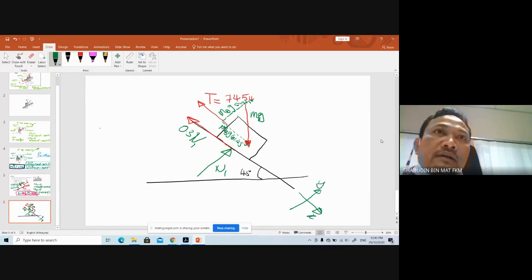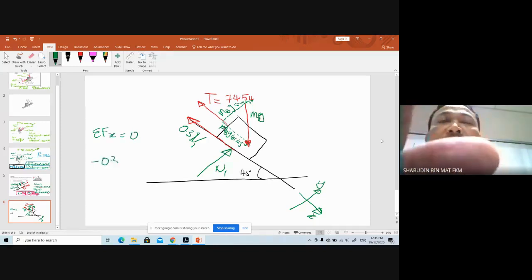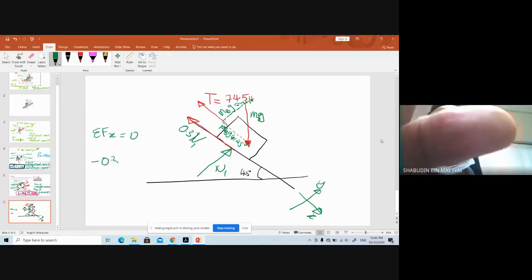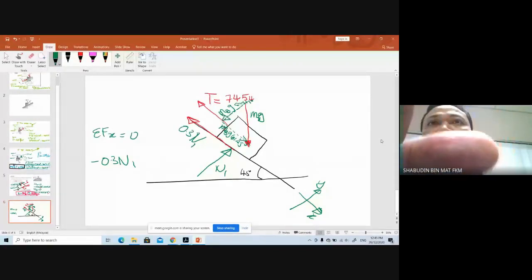So summation of force in x equal to 0. What do you have in x? In x is negative 0.3 n1. That should be in that direction, and that one also should be in that direction.